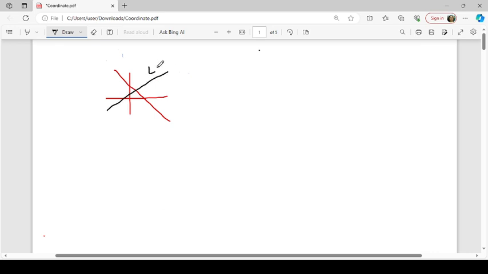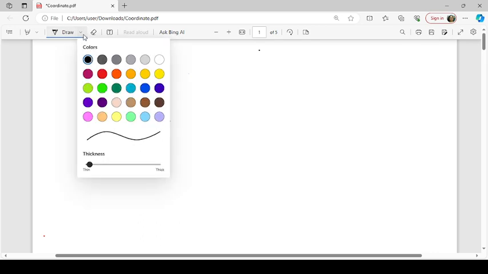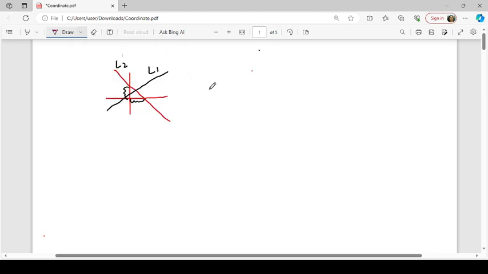So this point is the x-intercept of L2, this is the y-intercept of L2, and for L1, this is the y-intercept of L1, and this is the x-intercept of L1.